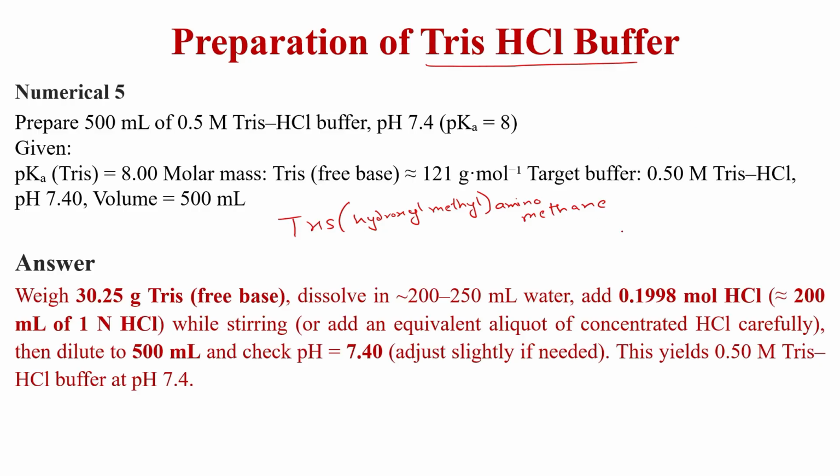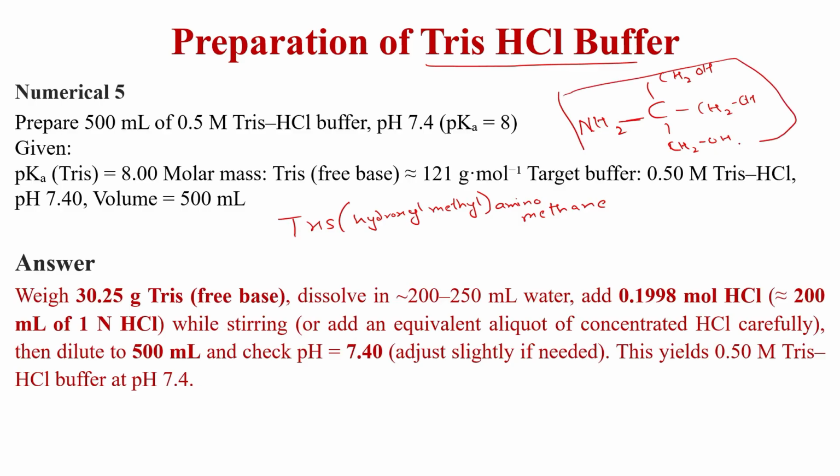If I have to write the answer, that is the structure. Methane has 4 hydrogens. Now if 3 of the hydrogens are replaced by hydroxymethyl groups, here it is CH2OH, here also CH2OH, here also CH2OH. So these are hydroxymethyl, and one is amino, so it is called aminomethane. So this structure is of Tris.